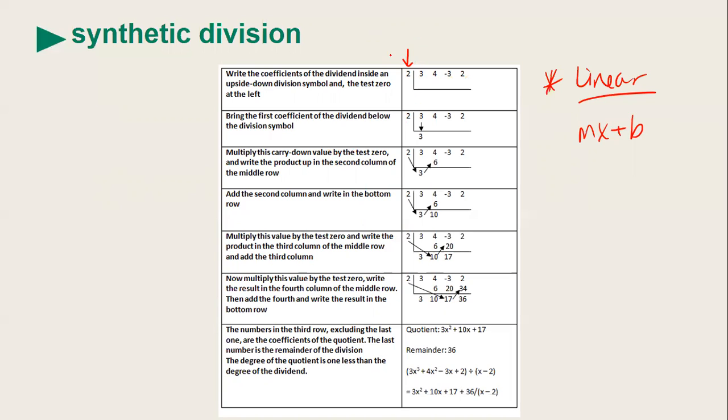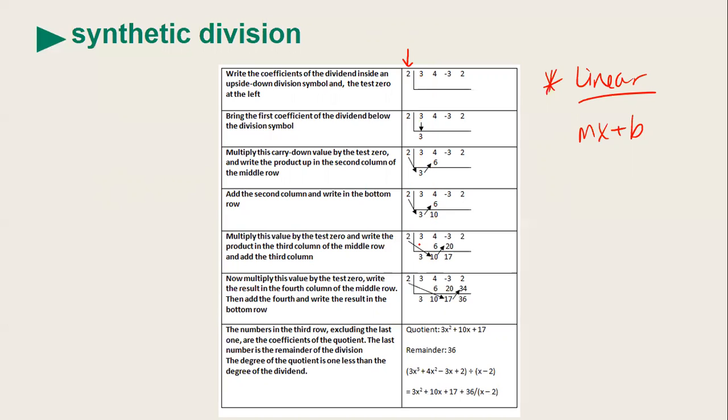You're going to find the 0, your x-intercept, or the 0 of your divisor. And then it begins the process of multiplying and adding. You're going to bring down to get the engine going. We multiply diagonally, and then we write the solution. So we bring down 3. Then we multiply diagonally and write the product. So 2 times 3 is 6. Then we add vertically. 4 plus 6 is 10.